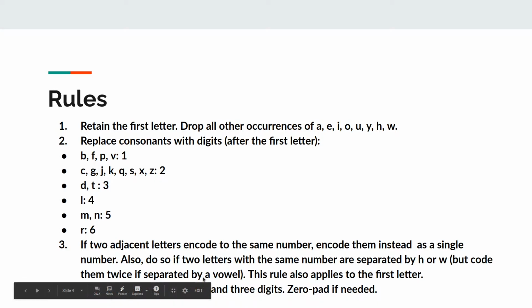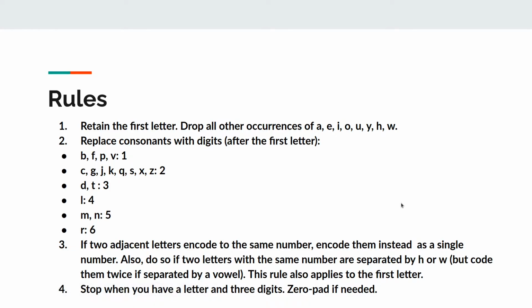These rules also apply to the first letter. Okay, the final rule, the algorithm should stop when you have a letter and 3 digits. And if needed, it should also zero pad.